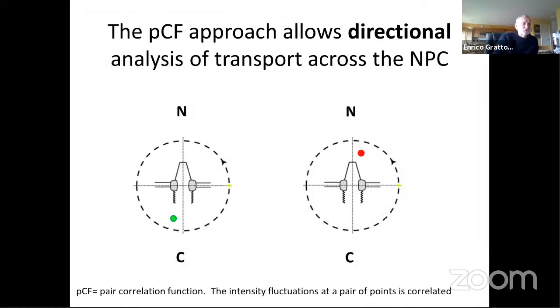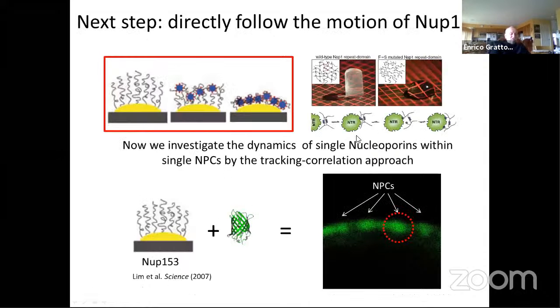So we will have the whole process of diffusion, and then this PCF approach. The correlation of the points along the orbit will give us the direction and will give us the time it takes for something which is on one side to appear on the other side.